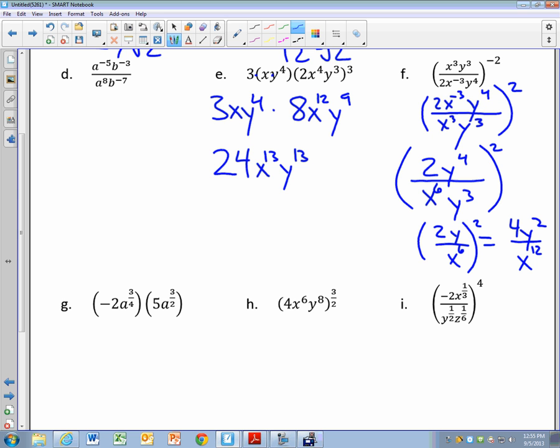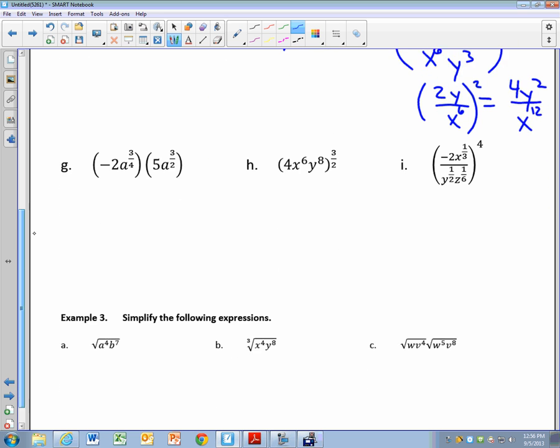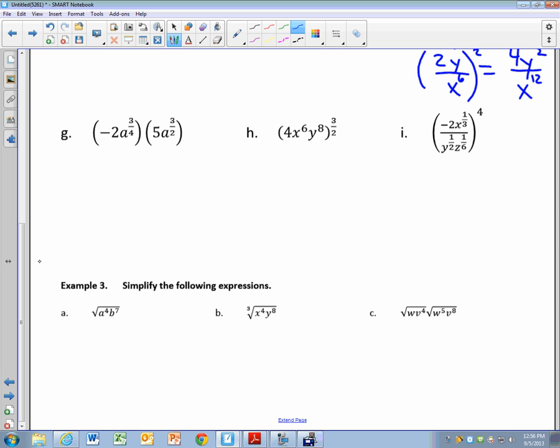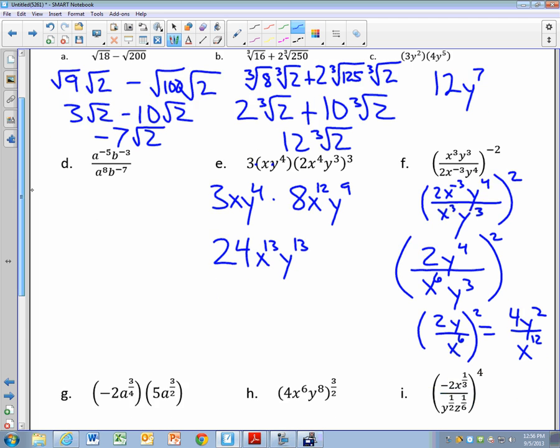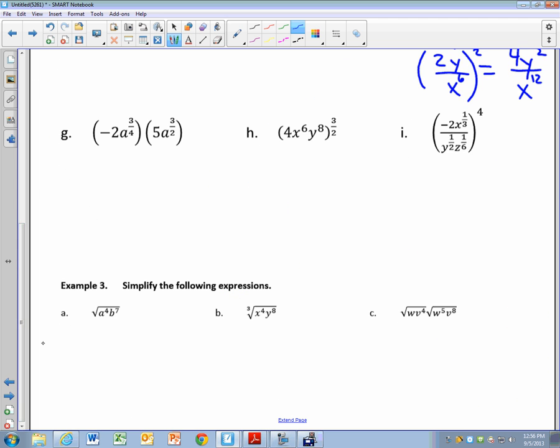Once, twice, thrice. Okay. Now let's get to the fractions. Does everybody see that problem G is nearly identical to problem C? The only thing that's different is the exponents are fractions. We apply the same exact rules. Negative 2 times 5, negative 10.